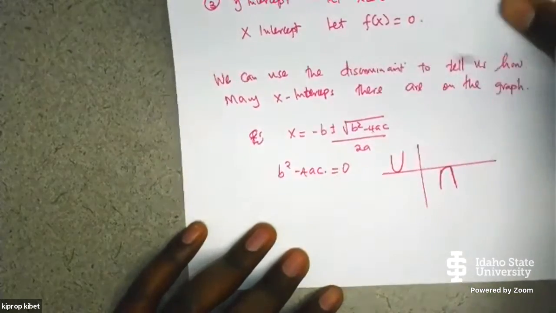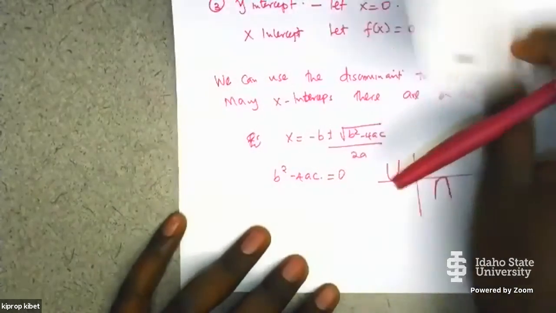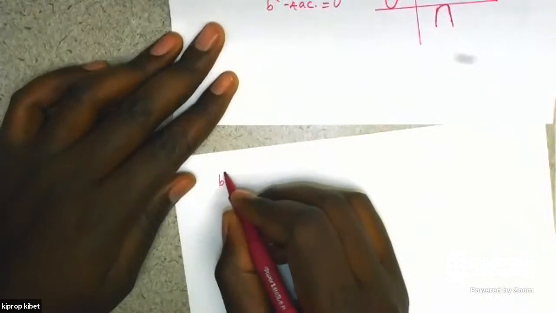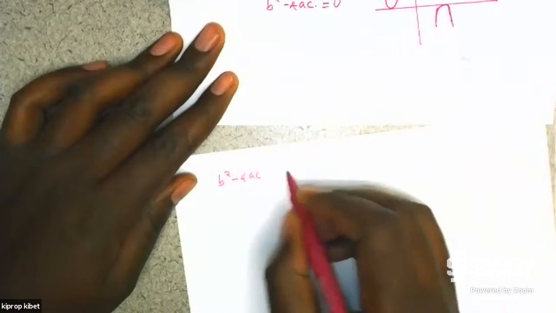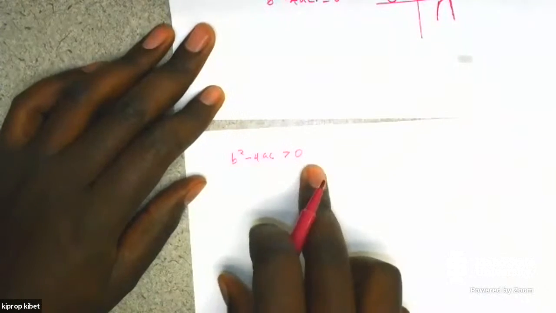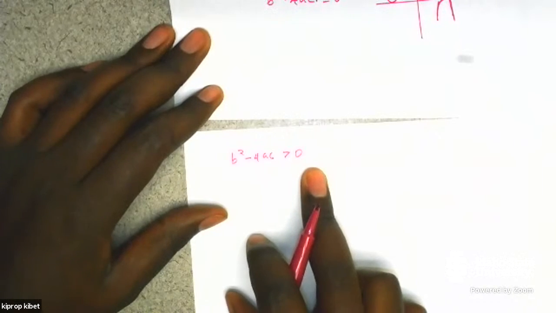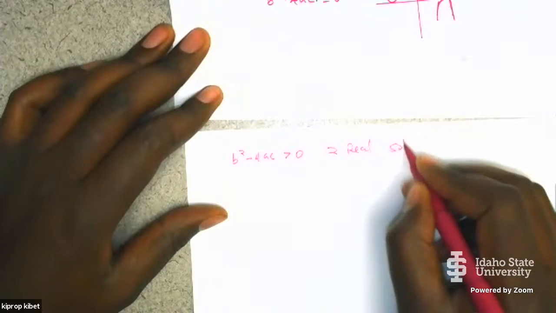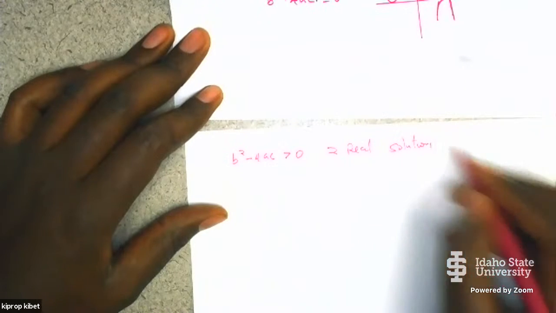Now, if b squared minus 4ac is greater than 0, it means there are two real solutions.